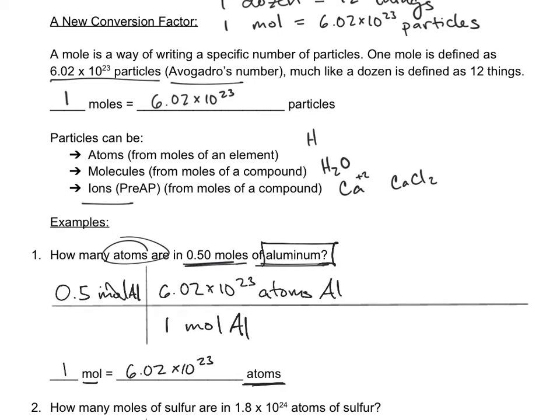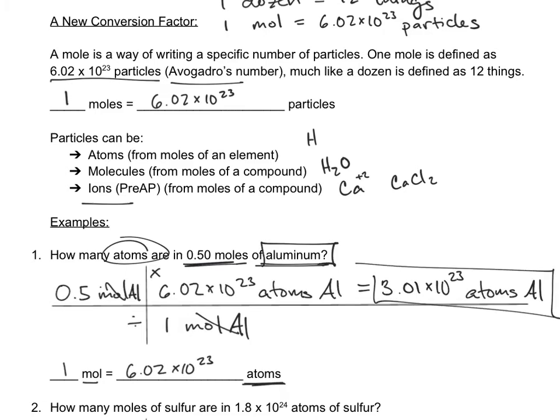So moles and moles cancel, and we're left with just atoms of aluminum. So you do 0.5 times 6.02 times 10 to the 23rd, divide by 1, and that gives you 3.01 times 10 to the 23rd atoms of aluminum. And that's your answer. There's that many atoms of aluminum in 0.5 moles of aluminum.